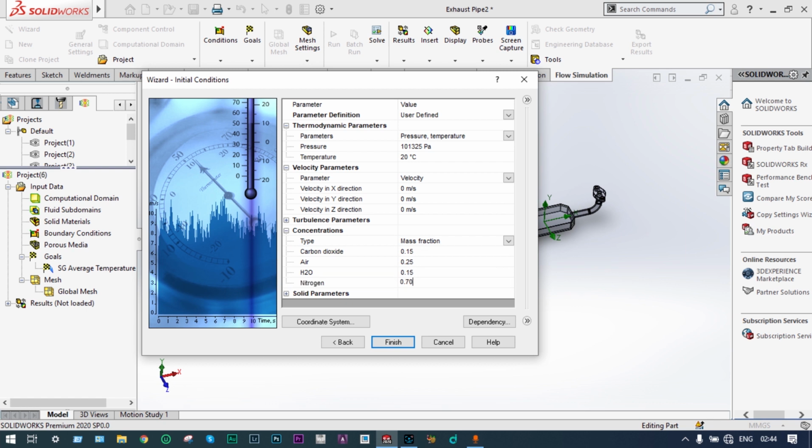And as we are considering air from outside, initially the concentration of air will be 0%. Finish.